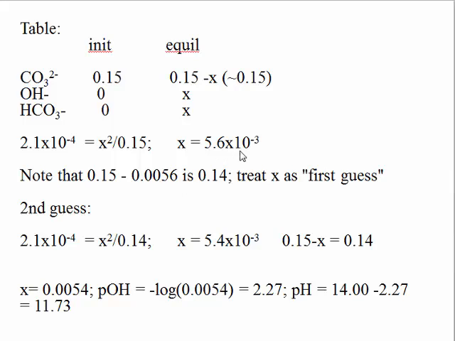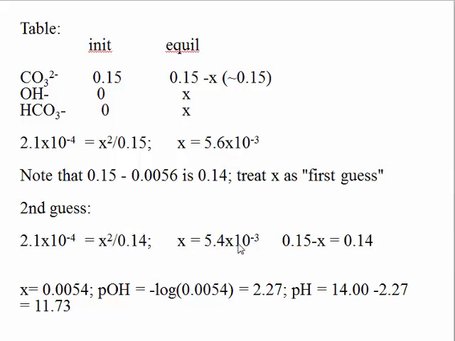5.6 times 10 to the negative 3 is pretty close to 0.15, so we can address this with successive guesses. First guess is 5.6 times 10 to the negative 3. 0.15 minus 5.6 times 10 to the negative 3 is 0.14. So we'll take a second guess.